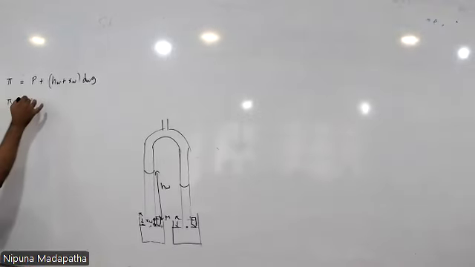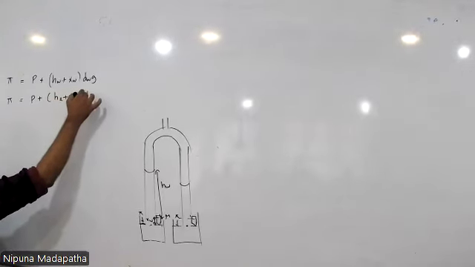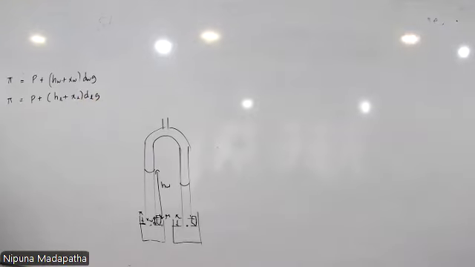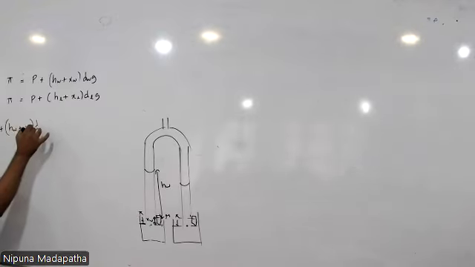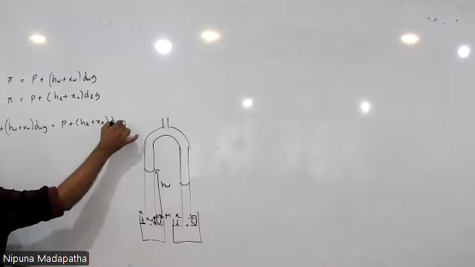In this section, it is not necessary to write these two expressions. But you can make any expression, so you can equate the pressures now. P plus HW plus XW dWg equals P plus HL plus XL dLg.